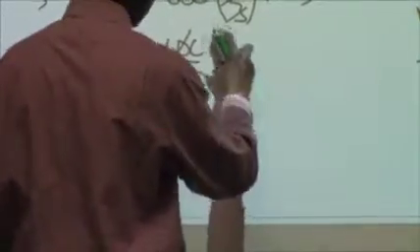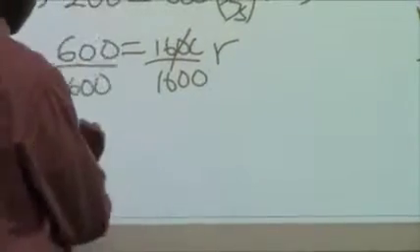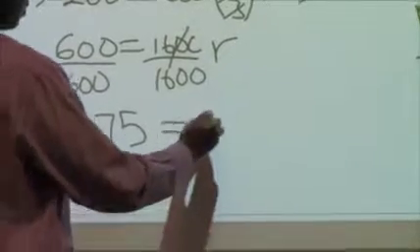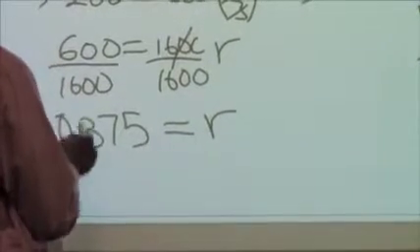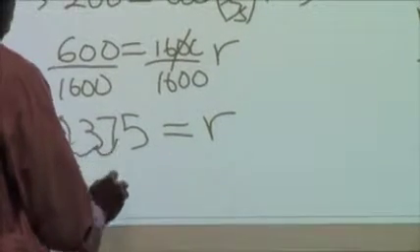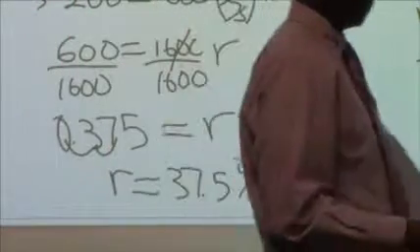So it's the rate I'm looking for. So I have R equals 0.375. If I change this to a percentage, I move the decimal two places, 1, 2. So R will be equal to 37.5% annual percent interest.